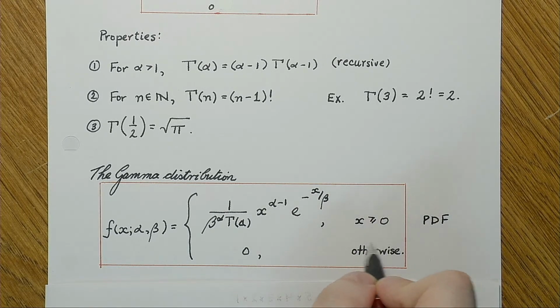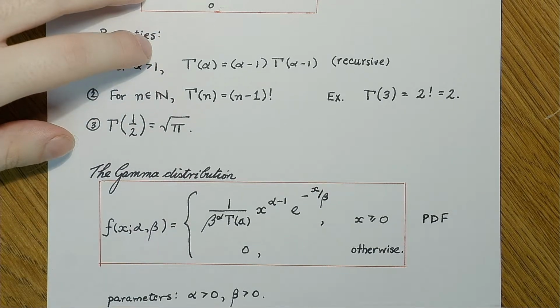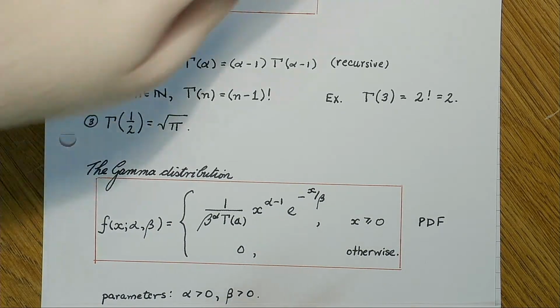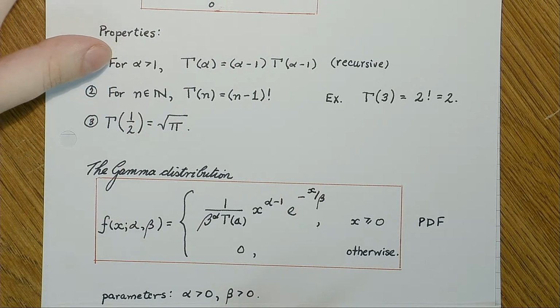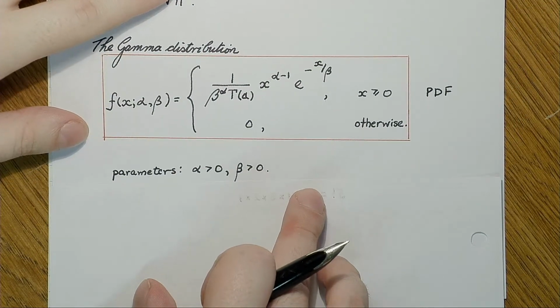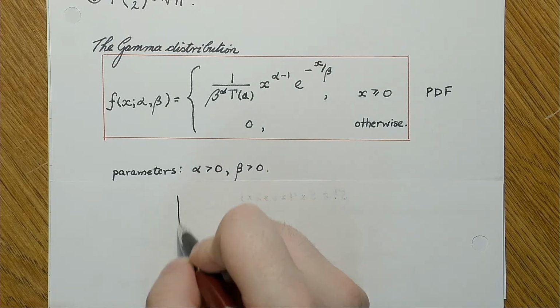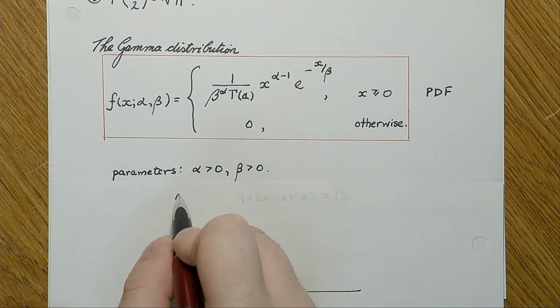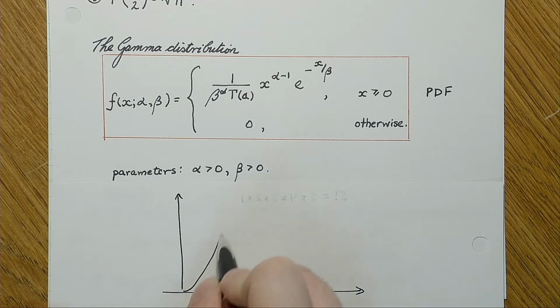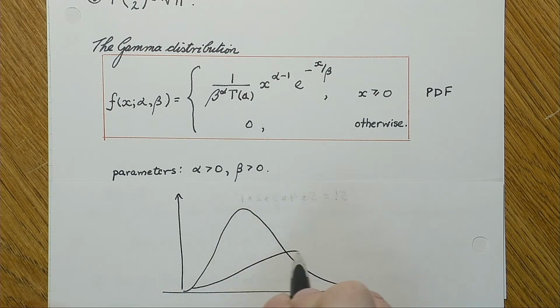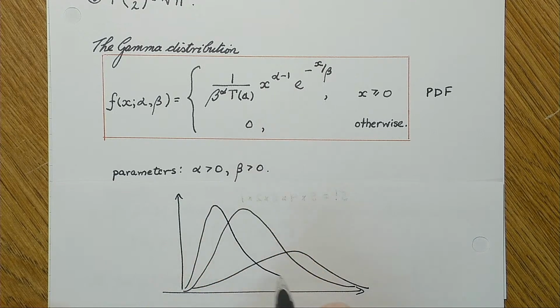And if it's negative, then it's 0. So we have those two parameters, alpha and beta. And depending on what parameters you have, it can look like something like this, or something like that, or it can go like that. So it depends on what those parameters would look like.